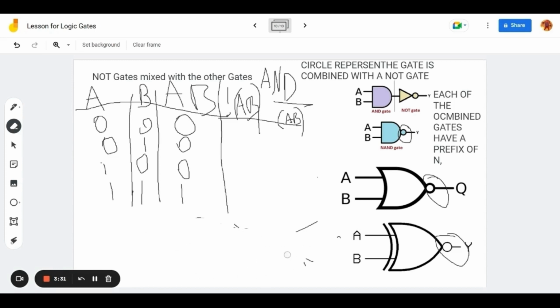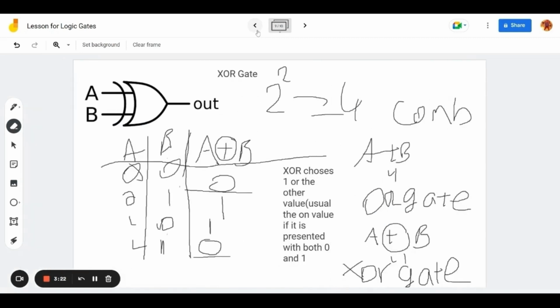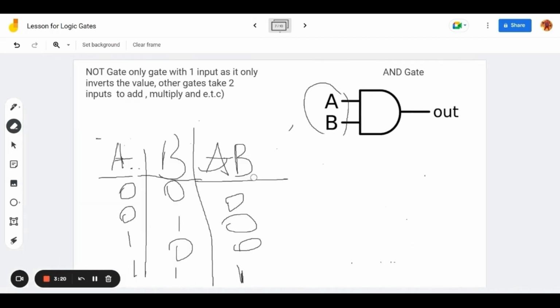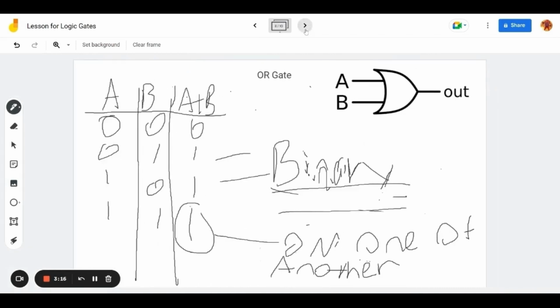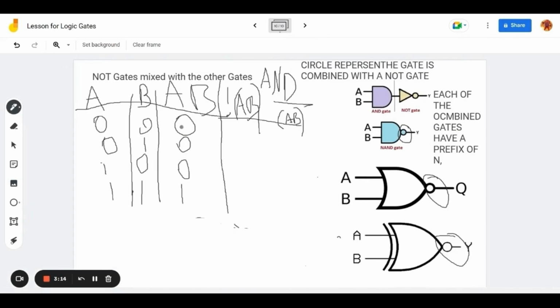So from here, all the NAND gate does is reverse the value. The A and B values are 0 0 1, as we have seen with the AND gate. It reverses the value. From 0 0 1, it becomes 1 1 1 0. As we talked about in the NOT gate, it reverses the value from on to off, or off to on.